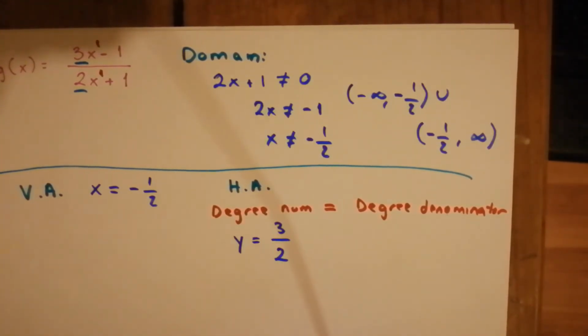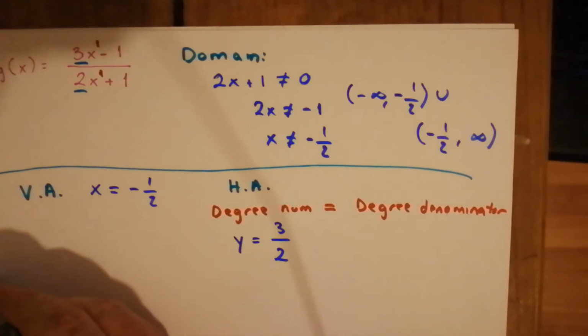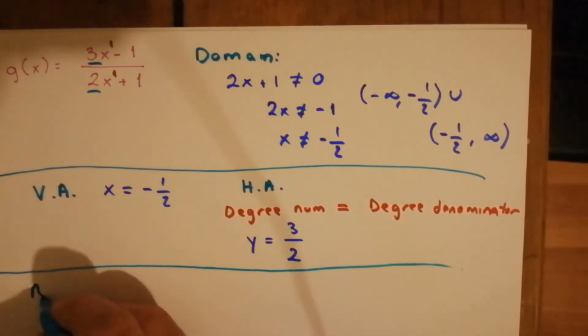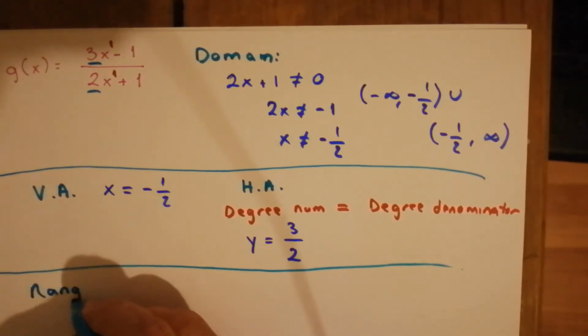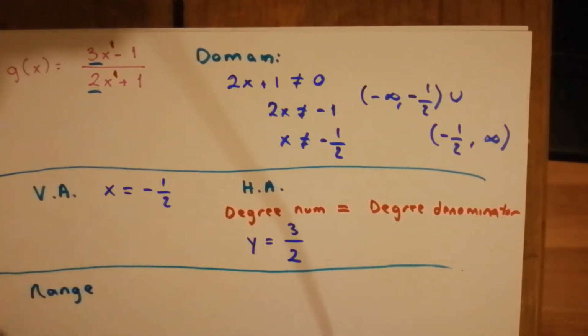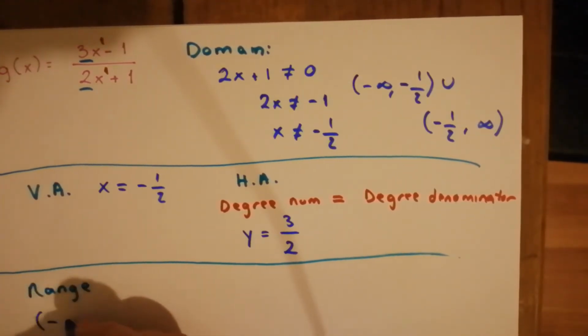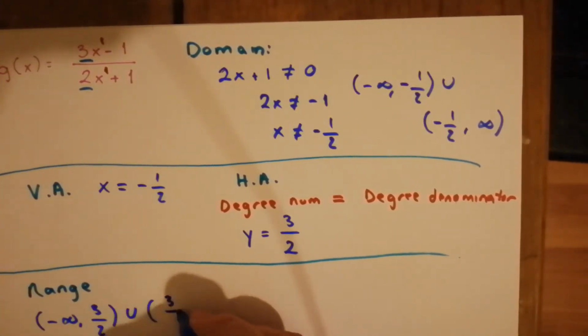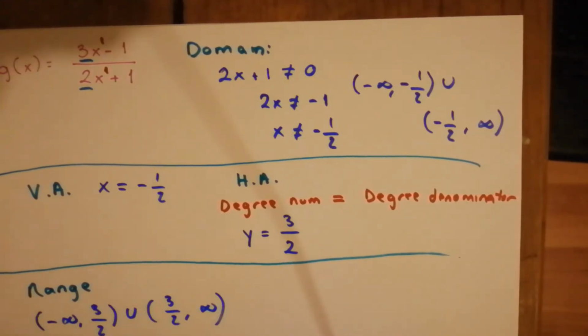Therefore, the range should be negative infinity to 3/2, union 3/2 to infinity.